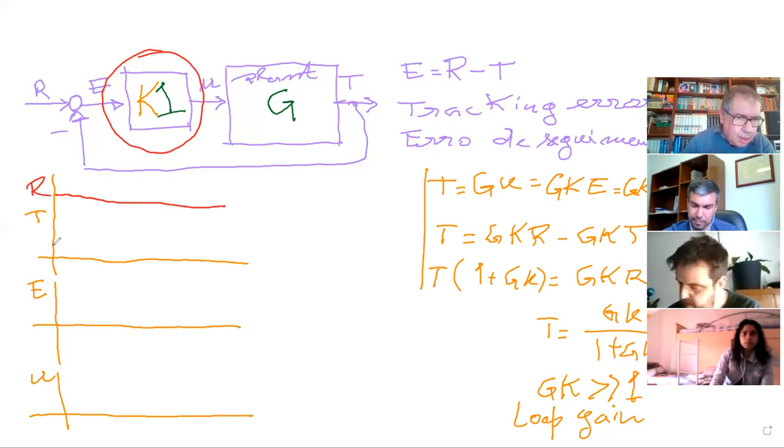So we start here. We have some error, which is here. And now we don't have a U which is 0. We have a U which is proportional to the error. Actually, this is KE.